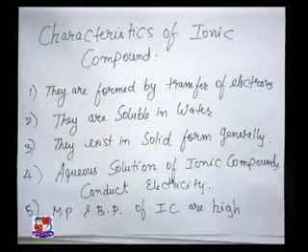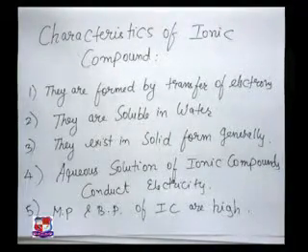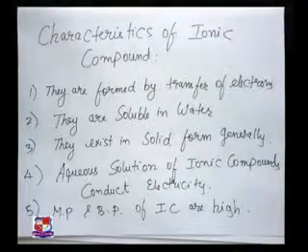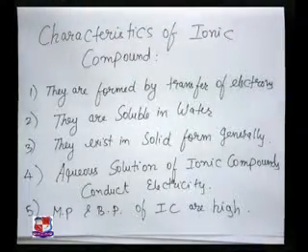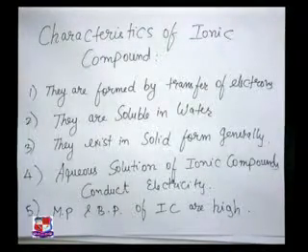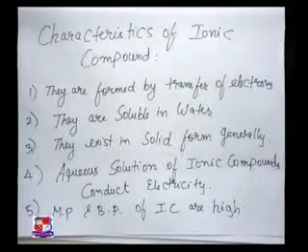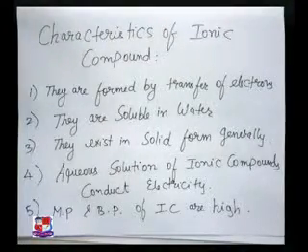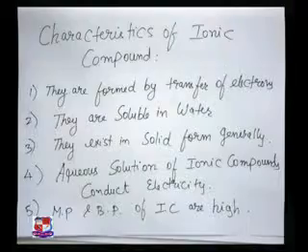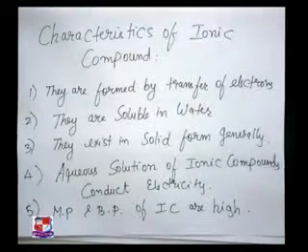That is another characteristic. Then ionic compounds exist in solid form generally. The fourth point is that aqueous solutions of ionic compounds conduct electricity. The fifth point is that the melting point and boiling point of ionic compounds are high.